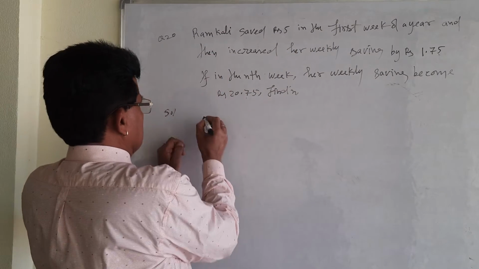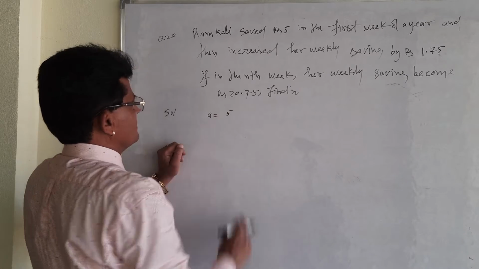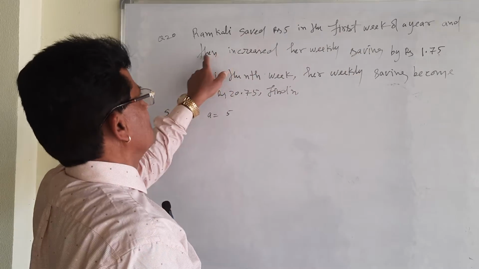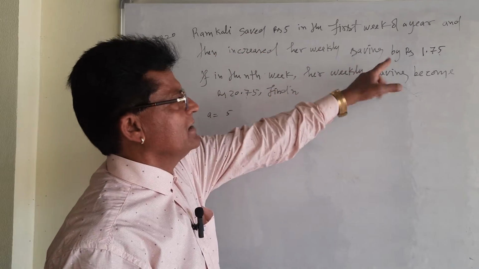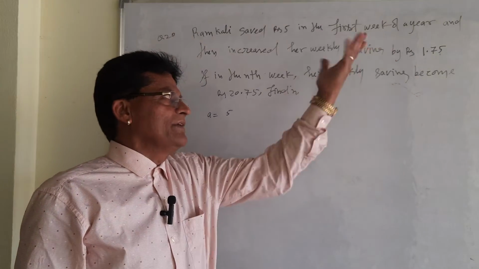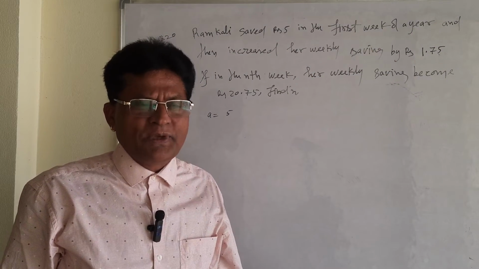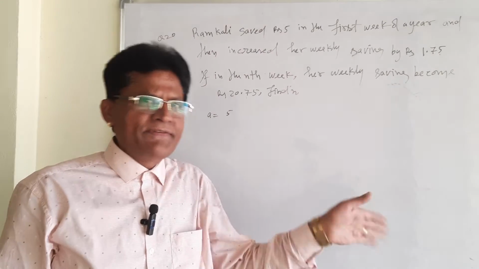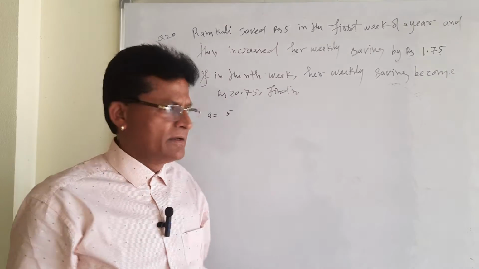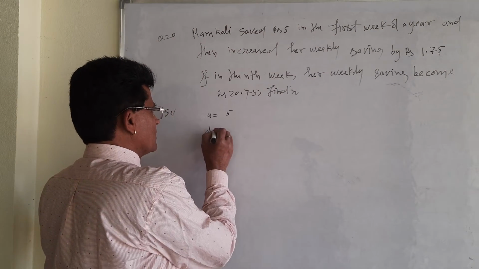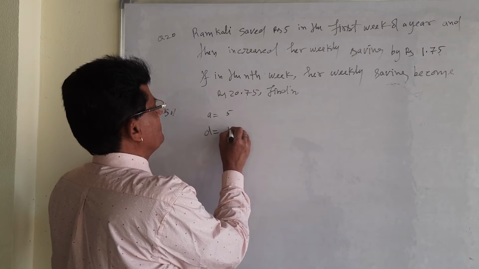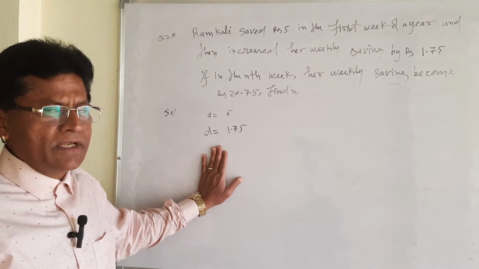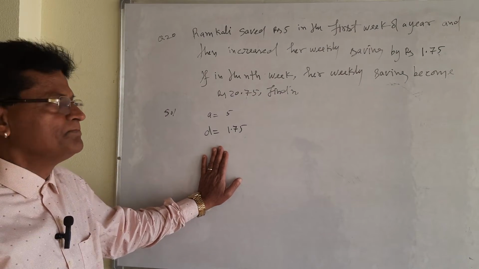You see the question and start the solution. Rupees 5, start from this one. In the first week of a year, and then increased her weekly saving by 1.75 rupees every week. She will add in her saving, so what will we call that? The common difference, that is how much? 1.75, this much, because the same amount she will save in each and every week.